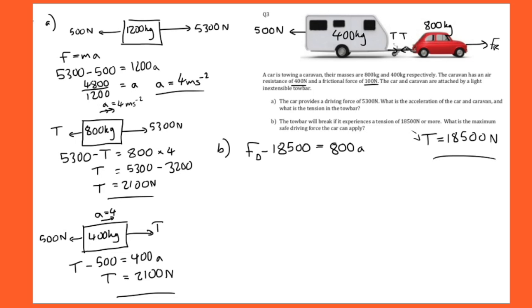Another equation we can write is if we look at the whole system, FD minus 500 is going to equal 1,200A. So we have two equations here with two unknowns. We don't know what the force is and we don't know what the acceleration is.